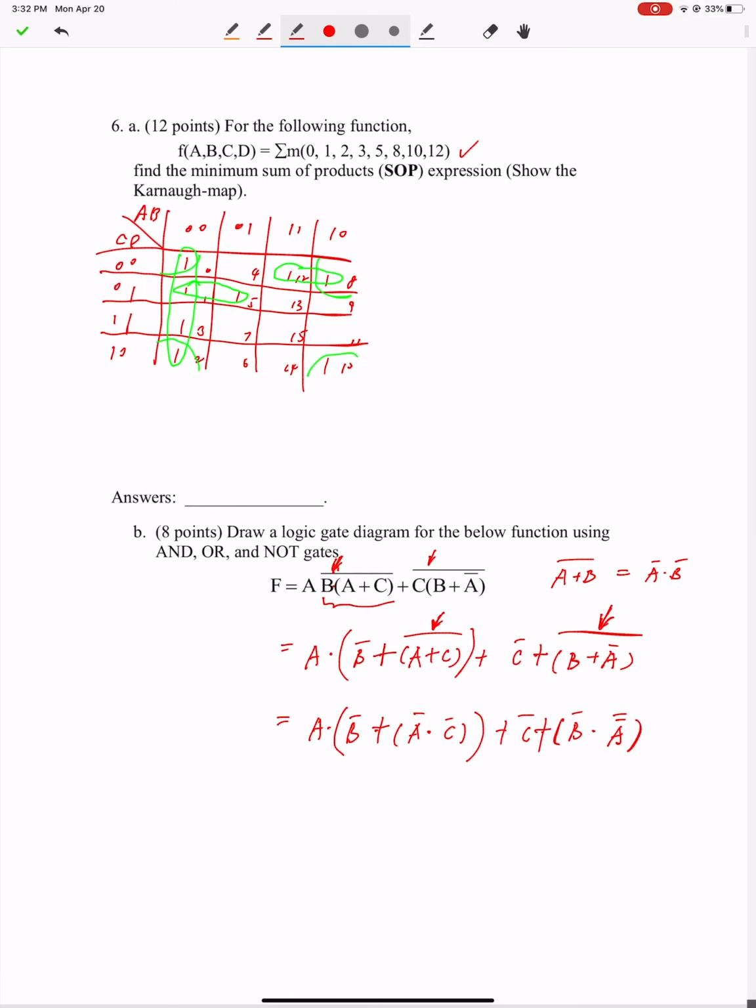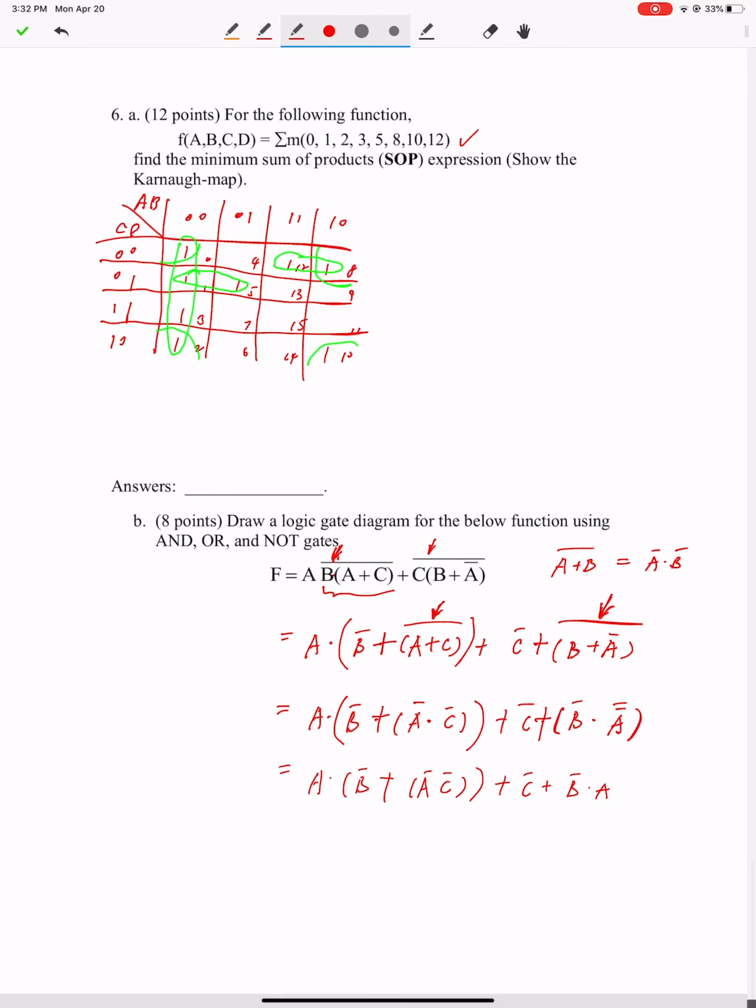And that equals a times b bar sum a bar c bar plus c bar plus b bar times a. A double bar is a. And that equals a b bar plus a times a bar is 0.